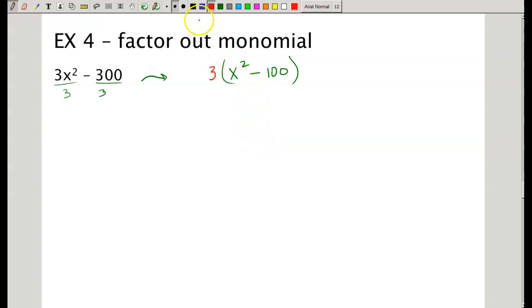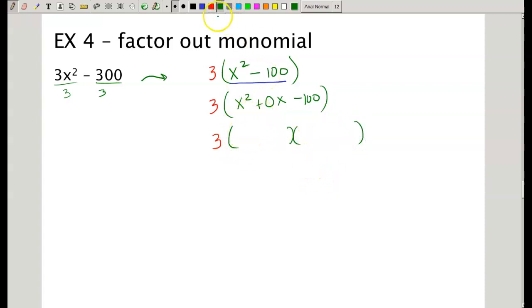So now we're going to look at this x squared minus 100, which can be factored as well, right? So if I wrote this x squared minus 100, it does not have a middle term. It doesn't have an x term. So I'm going to think about that as a 0x. And I know that I can take this green part, and I'm going to go ahead and try to make it into two parentheses here.